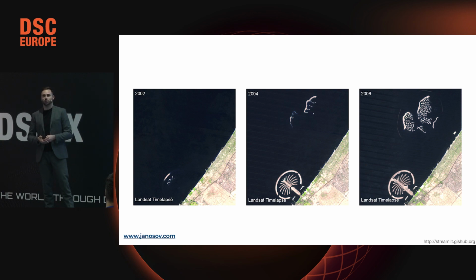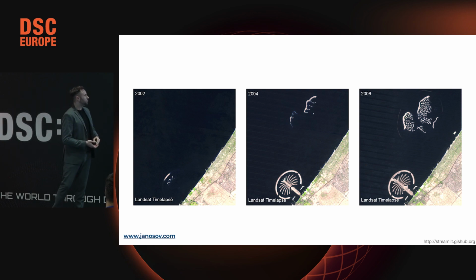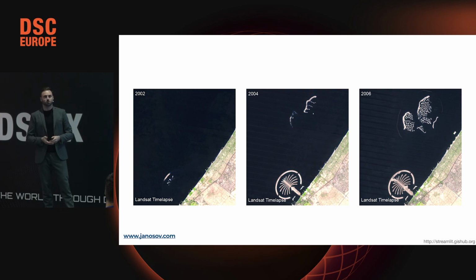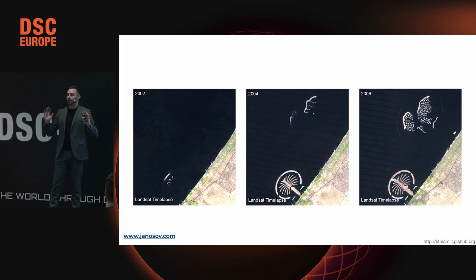Still, it can be used to visualize very clearly how large-scale urban developments take place. For example, here you can see that the Palm in Dubai was built in a few years, and it's clearly visible from space. You can also see that there was this new project. I'm not even sure about its title or its name, but they were trying to build a set of islands that look like a world map. Well, that project didn't work out that great.